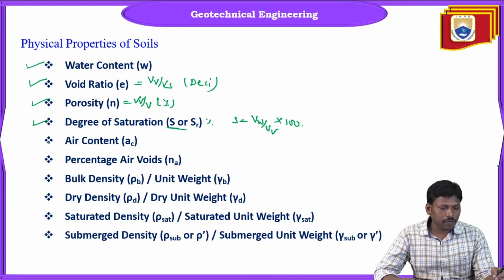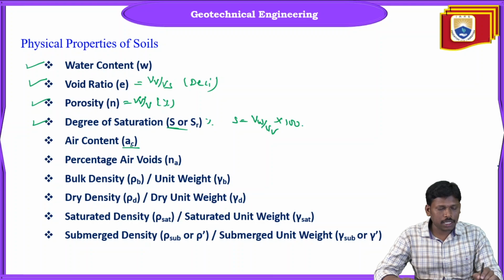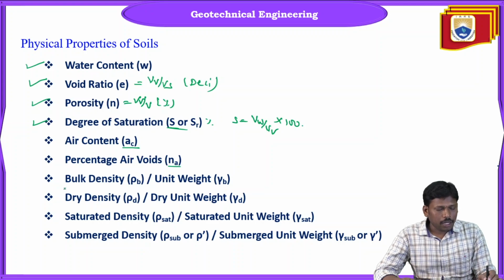Other definitions are air content, indicated with the symbol AC, and the percentage of air, indicated with the symbol Na, where N suffix A. Then there are the bulk density, the dry density, the saturated density, and the submerged density.